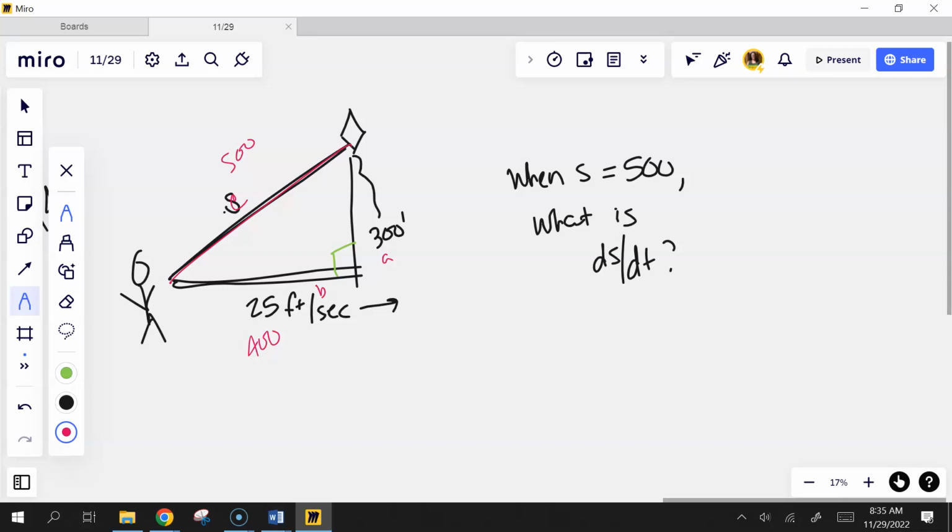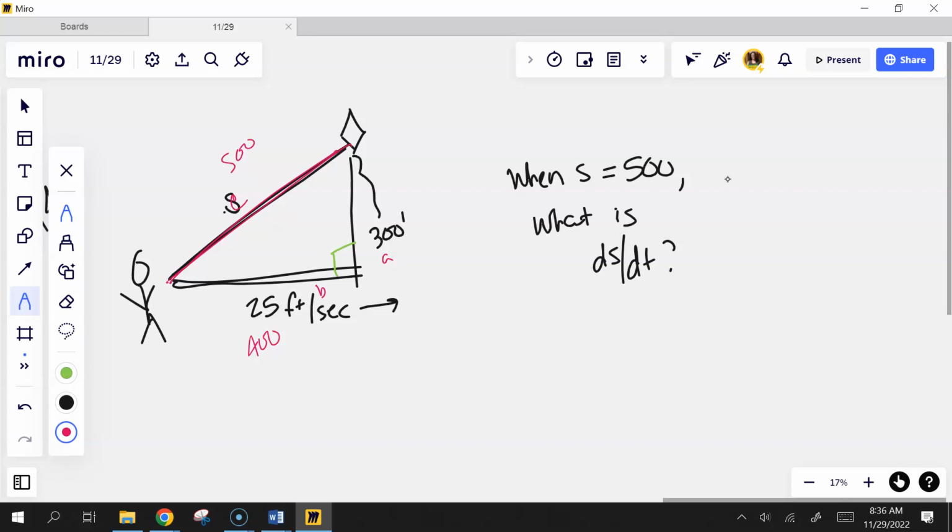So we're trying to find ds dt. Right? We're trying to find how fast she is having to let the string out to keep up with the wind speed coming across here at 25. So that's what we're in a conundrum about.